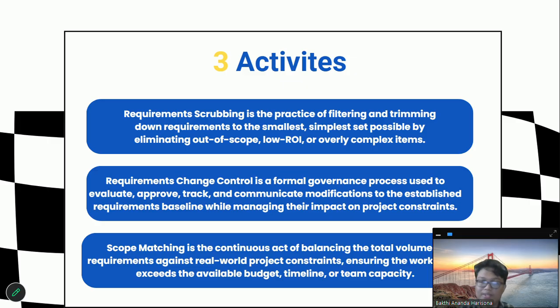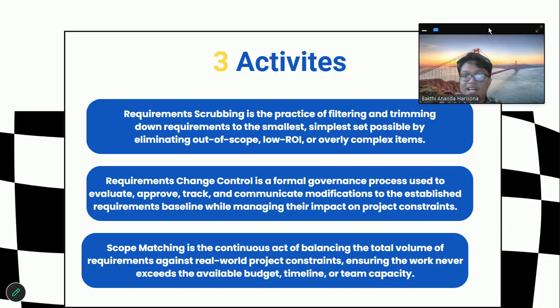The second activity we need to understand is requirements change control. Requirements change control is a formal governance process used to evaluate, approve, track, and communicate modifications to the established requirements baseline while managing their impact on project constraints.